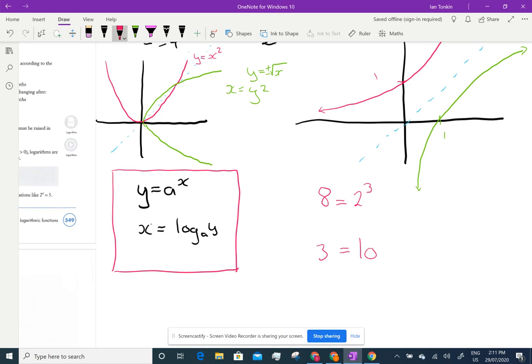So 3 equals log to the base 2 of 8. All right, because that's your x, that's your a, and that's your y, and you can see where they all end up. And you've got to be able to move in and out of that. This whole exercise is about doing that.